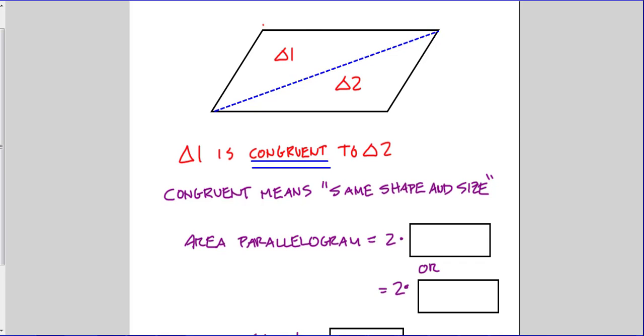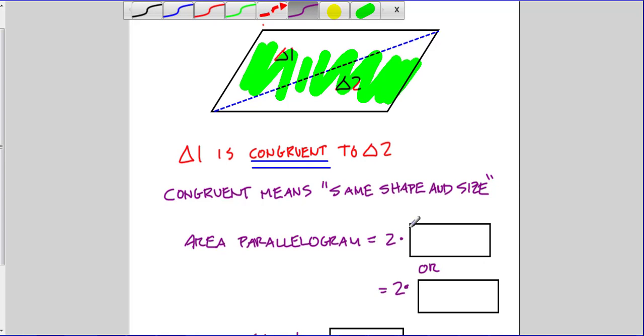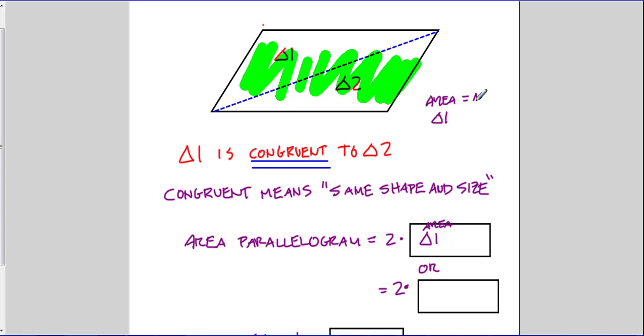So the area of the parallelogram here, which is the shaded area, is equal to, for example, 2 times the area of triangle 1. Or, since triangle 1 is congruent to triangle 2, in other words the area of triangle 1 equals the area of triangle 2, you could also write it as 2 times the area of triangle 2.